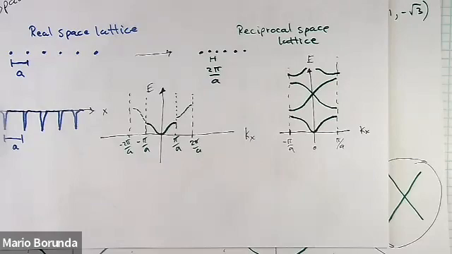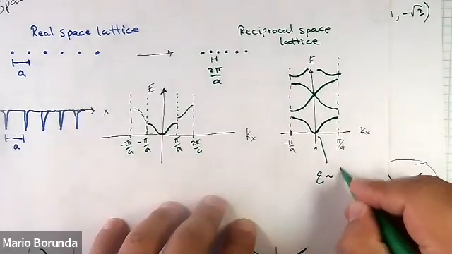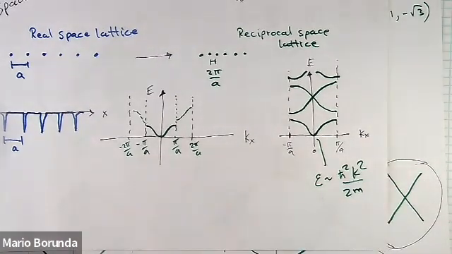So in this region, energy is proportional to h bar squared over 2m times momentum squared, right? That was what we said before. So this makes it obvious, it's parabolic. So this is called Schrödinger-like, because of the Schrödinger equation.